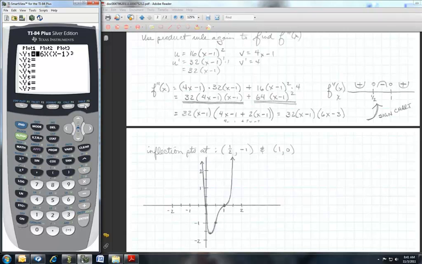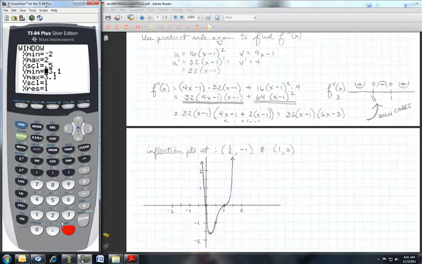Now remember, my picture looks like this, so let's see. Now I know the window right now is at zoom 4, which is a decimal window. Let me go in and change it similar to my window. So let me do a -2 to 2. My scale is 0.5.